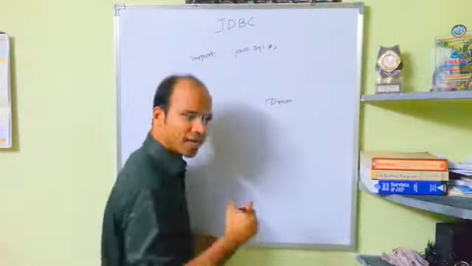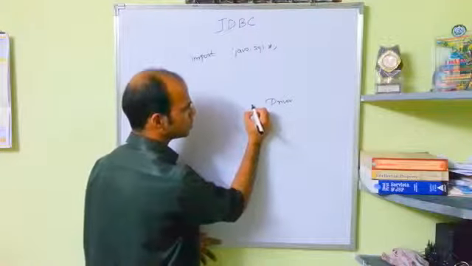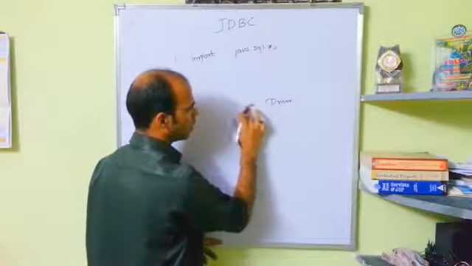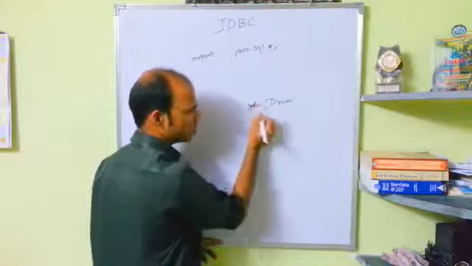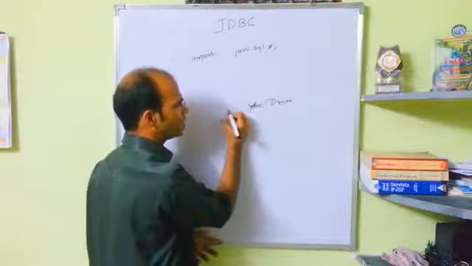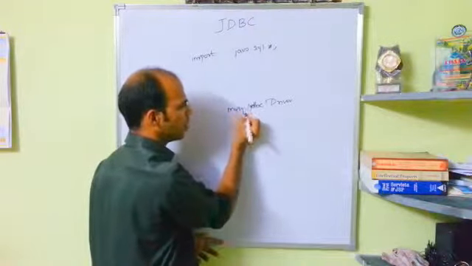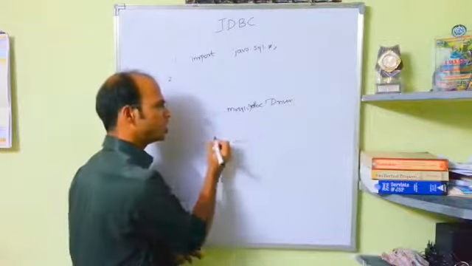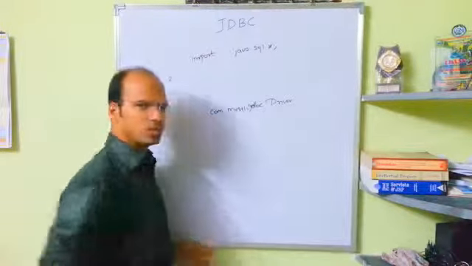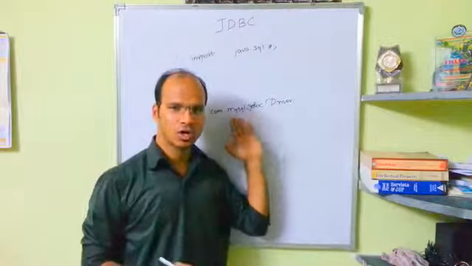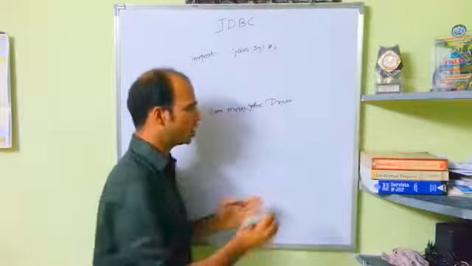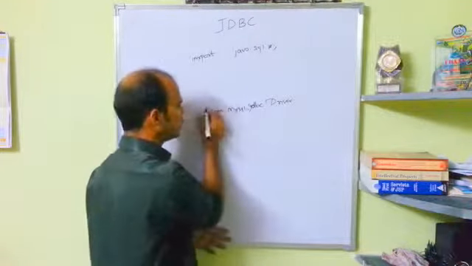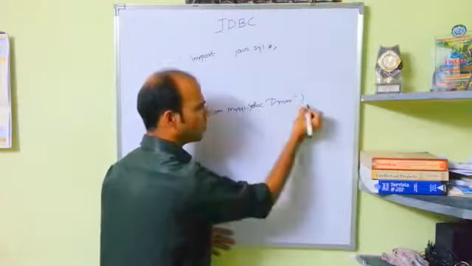So the Driver package belongs to, I guess, JDBC. This package belongs to MySQL, and this MySQL belongs to com. So it's com.mysql.jdbc.Driver. Okay. So to register this driver, we have to use a function.